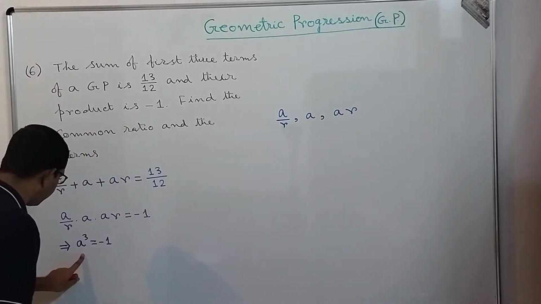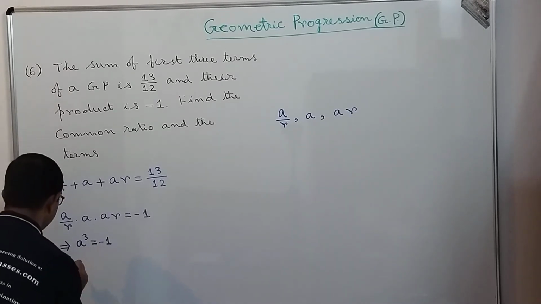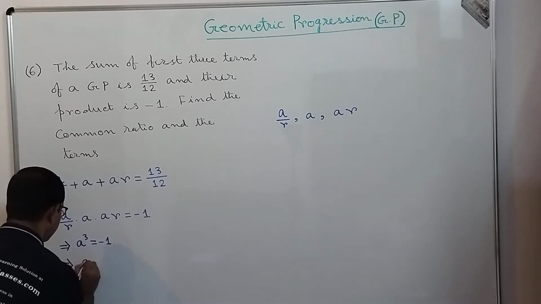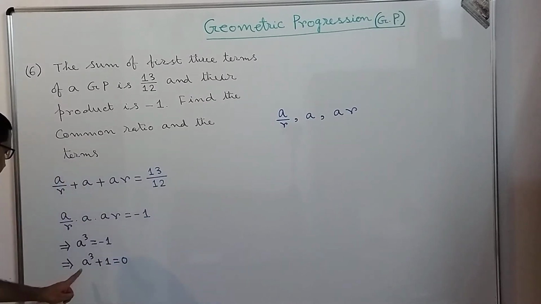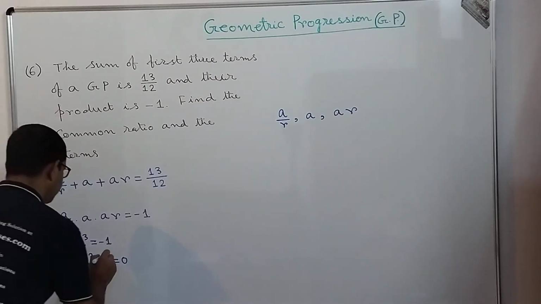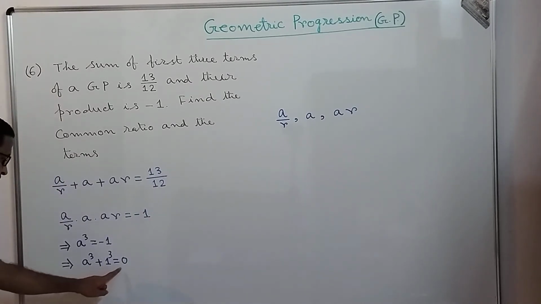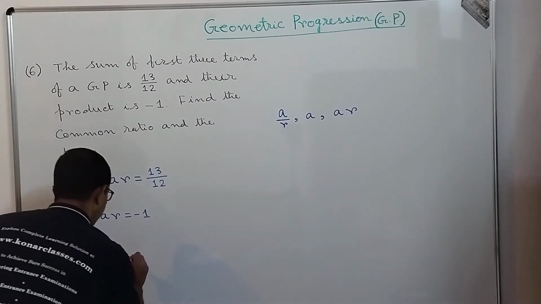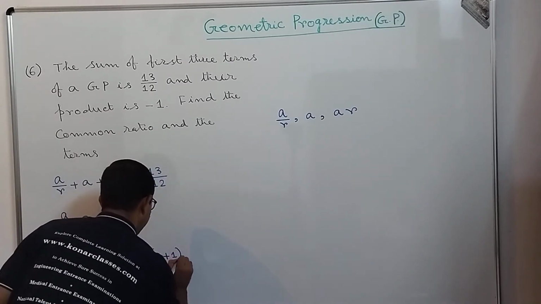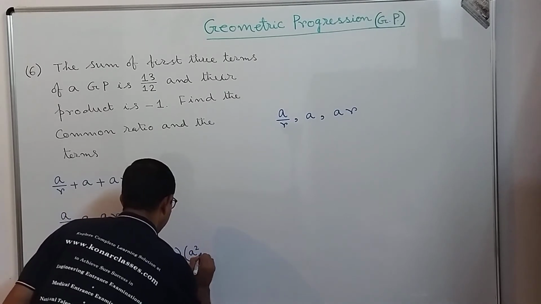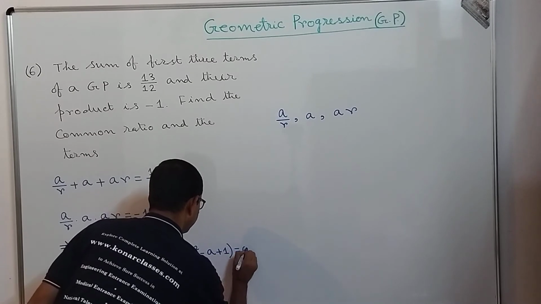Now we get A to the power 3 is equal to minus 1. That means, dear students, A to the power 3 plus 1 is equal to 0. That means A to the power 3 plus 1 to the power 3 is equal to 0. A cube plus b cube equal to 0. So a cube plus b cube formula: a plus b into a square minus ab plus b square is equal to 0.